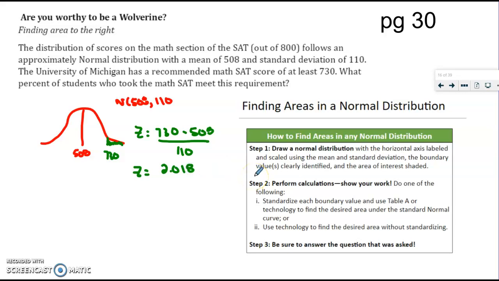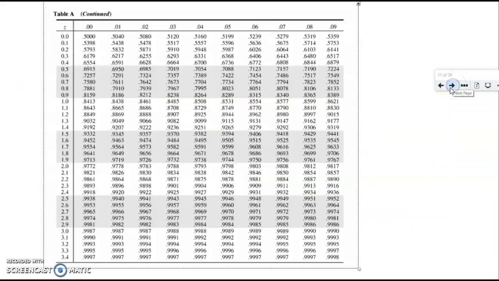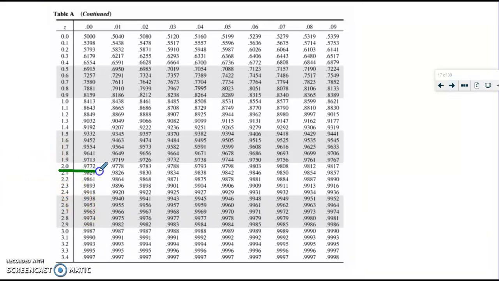So when I look at this table, I am going to look at the second page of Table A. And I'm looking for, I guess we'll say it's 2.02. So I'm looking right here. And it looks like that probability or the value underneath that curve is 0.9783.